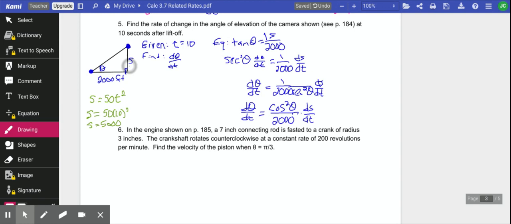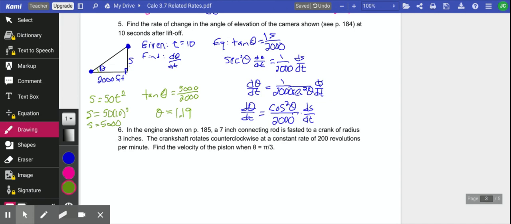Now that we know S is 5,000, we can find theta because the tangent of theta is opposite over adjacent. We just do inverse tangent, pop that into our calculator, and we get 1.19 radians. I'm in radian mode here.